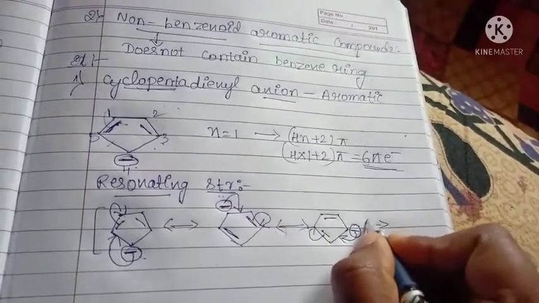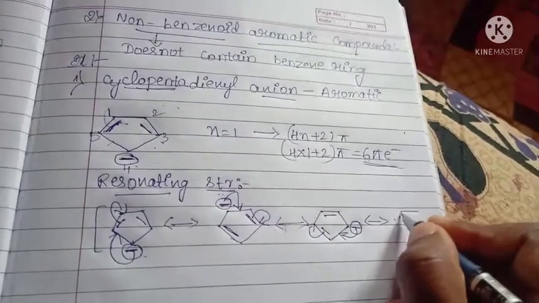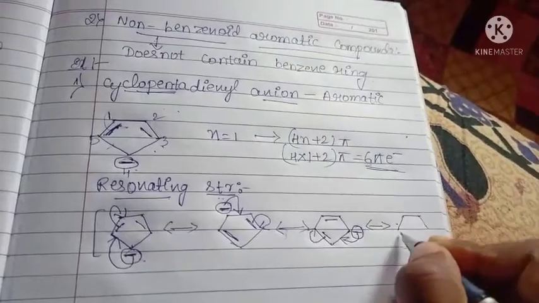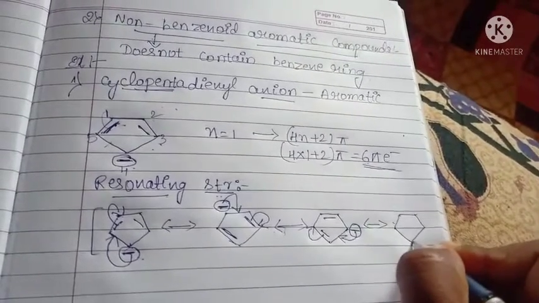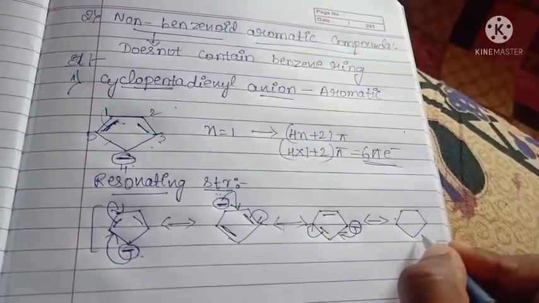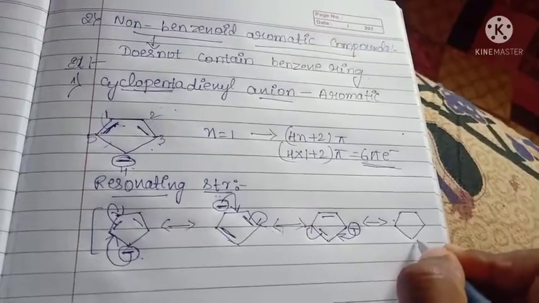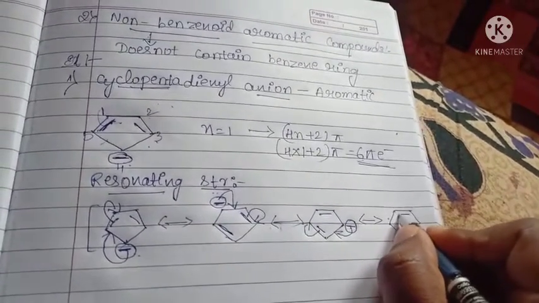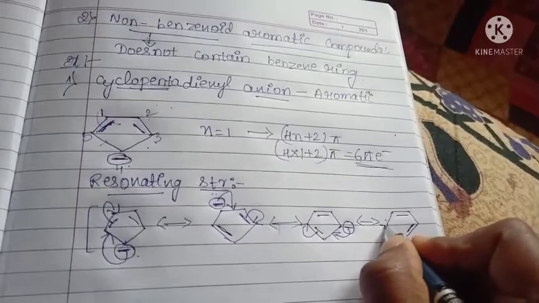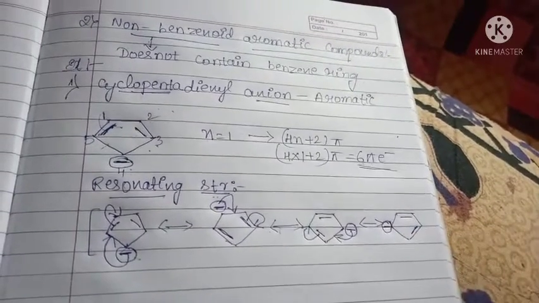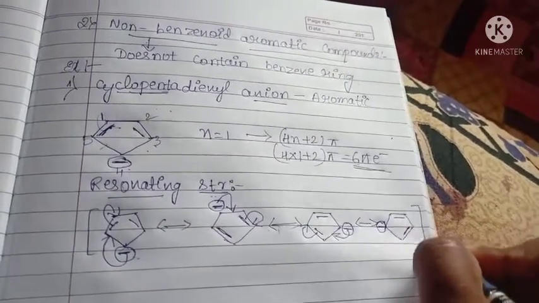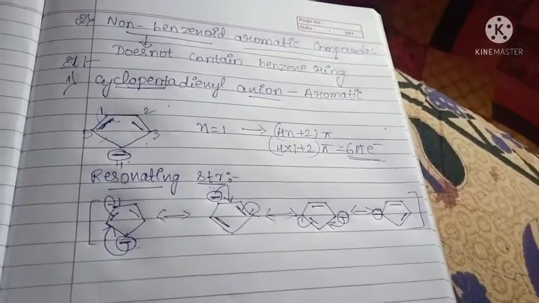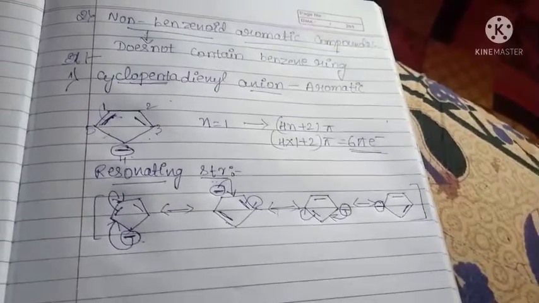So the fifth carbon atom carries a negative charge. So the rotation of delocalization is closed. It means the electrons should rotate over all the carbon atoms. So the fifth carbon atom carries a negative charge. This is the resonating structure of cyclopentadienyl.